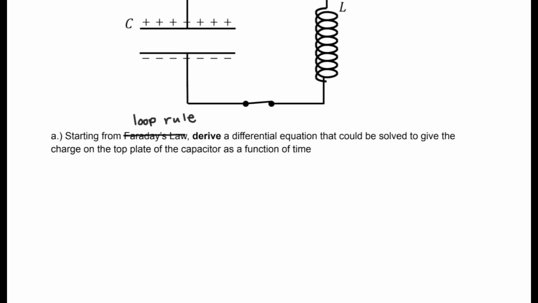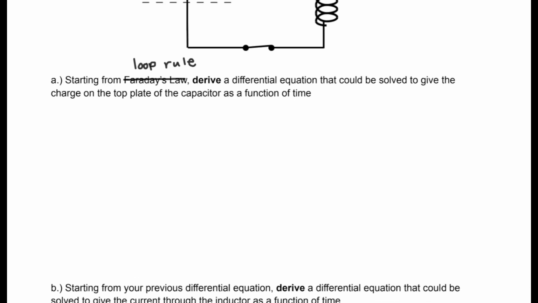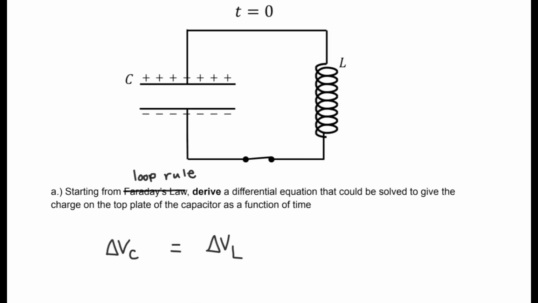So based on the loop rule, we know that delta V across the capacitor must be the same as delta V across the inductor because they're in parallel. So because they're in parallel, we can just write that their delta V's have to be the same.